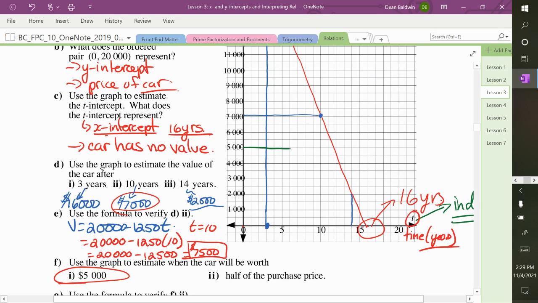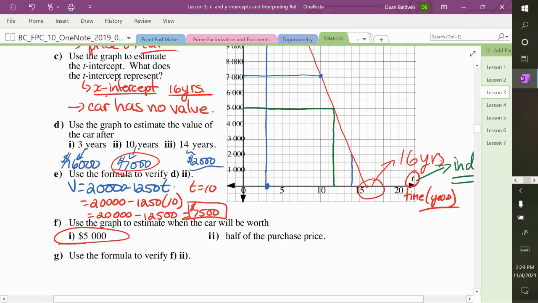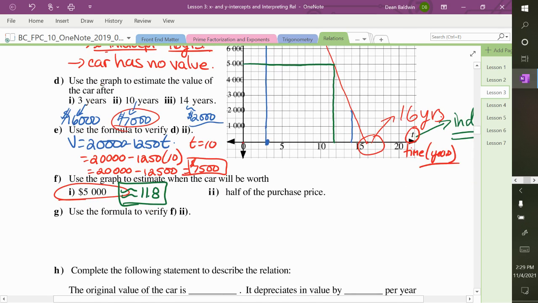So we go to 5,000. I go down. We already know my graph is wrong. My graph says like 11.8, but I'm going to say it anyway. So Baldwin says 11.8. Let's find out. I know it's going to be 12.